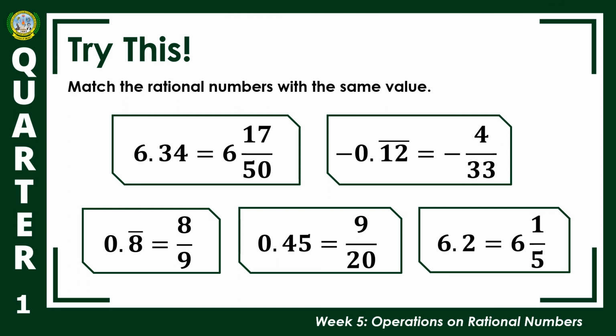Ang negative 0.12 bar ay equal naman sa negative 4/33, while 0.8 bar is equal to 8/9, 0.45 or 0 and 45 hundredths is equal to 9 over 20. And lastly, 6.2 is equal to 6 and 1/5. Okay? So, sana po ay nakakuha po kayo ng perfect 5 points.